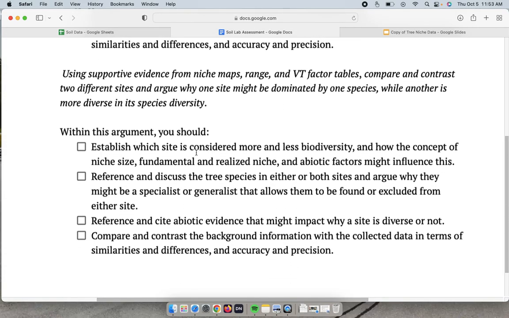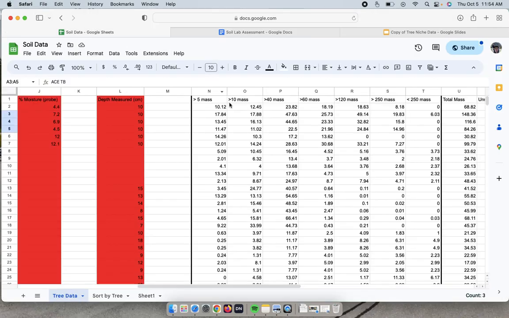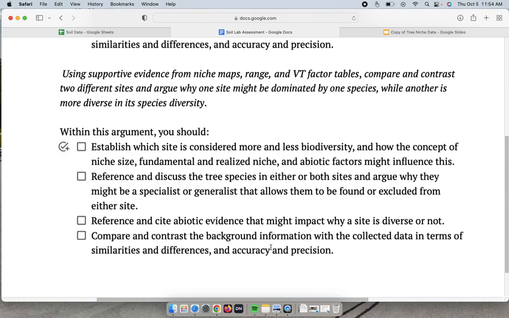Within this argument, you would want to establish which site is considered more or less biodiverse. You might want to talk about concepts of niche size, fundamental and realized niche, and abiotic factors that might influence this. You're probably going to want to reference and discuss the tree species in either both or either sites and argue why they might be a specialist or a generalist, and then cite abiotic data from your sites that demonstrates why that site would be really important for creating a biodiverse or not biodiverse site.